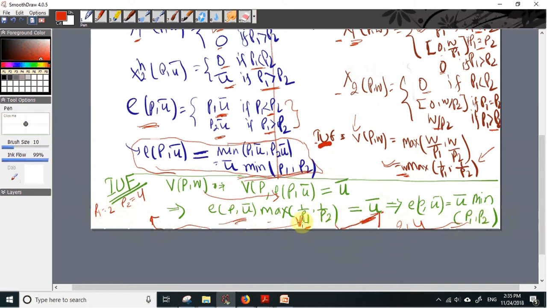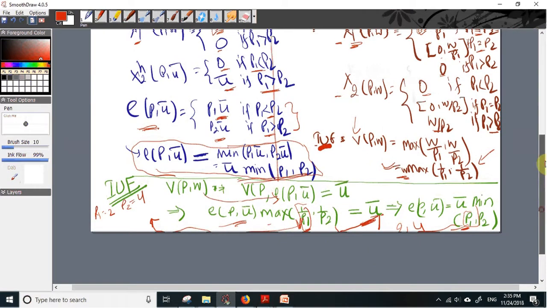So choosing a smaller value in the denominator is equivalent to choosing a smaller value in the numerator. In other words, choosing a maximum value here is equivalent to choosing a minimum value on this side. So this can be expressed simply as E(p, U bar) equals U bar times minimum of P1 and P2. So this is the expenditure function in case of our simple linear preferences x1 plus x2.